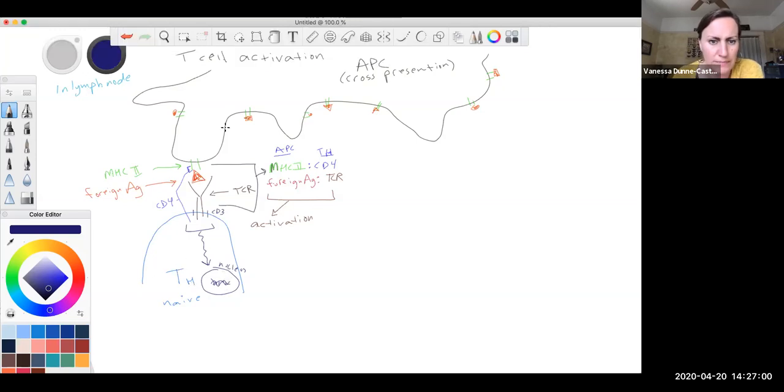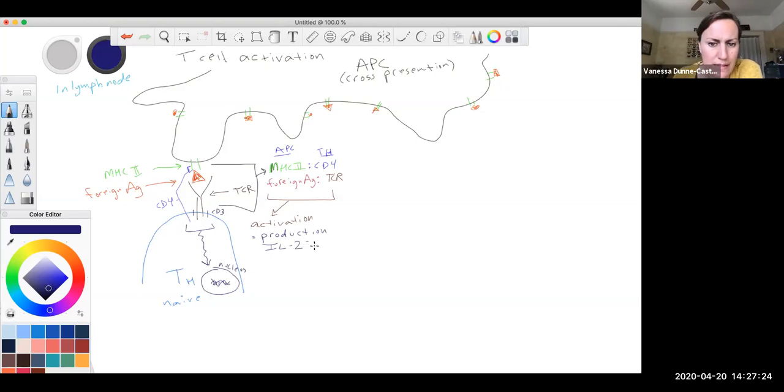So activation, and let's kind of do this step by step. Step number one essentially is this binding here, and that would lead to activation. And activation for our T helper cells, we're going to say, is the production of a growth factor that's really important called interleukin 2.